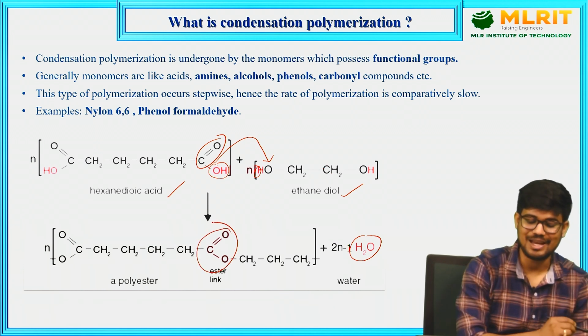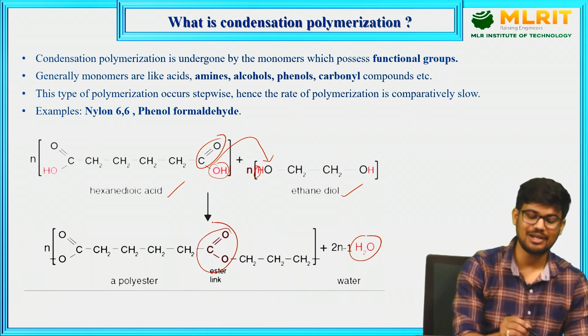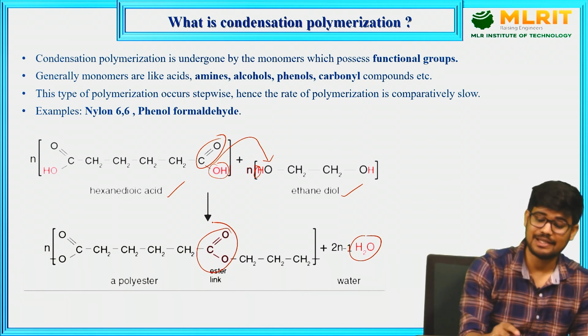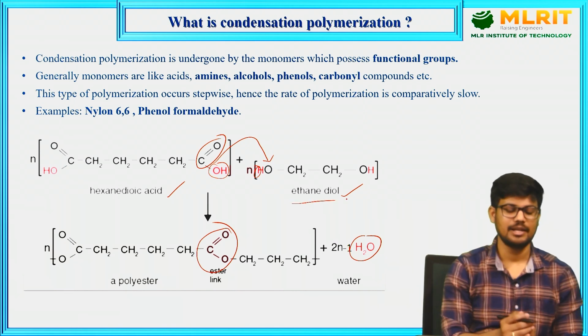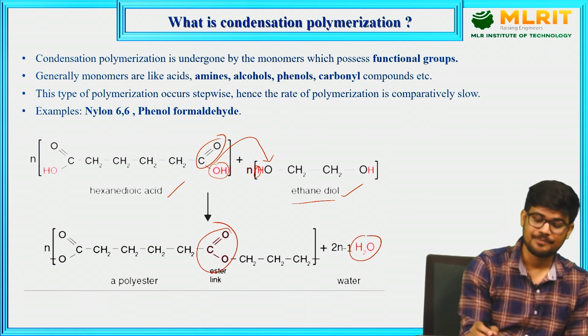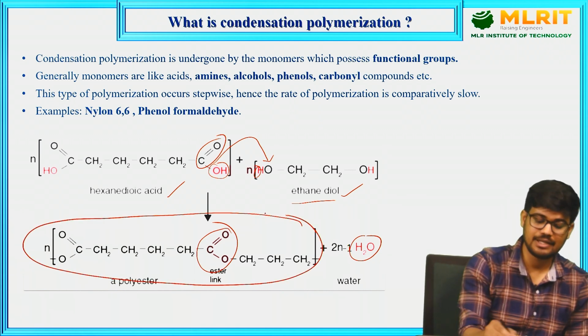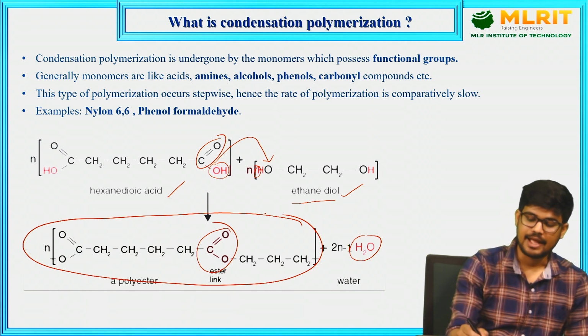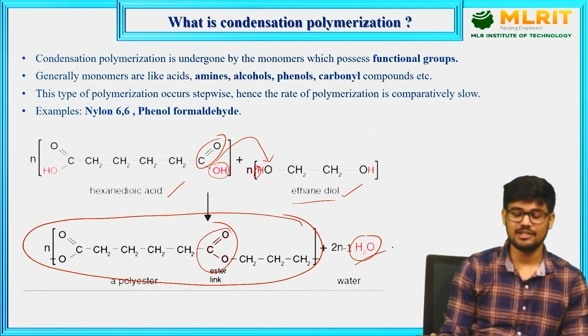This kind of link we will have. This is called an ester link. So hexane dioic acid and ethane diol, if they combine, will form an ester link, and we will get this as polyester. This is called polyester, and we will get one byproduct, that is water.